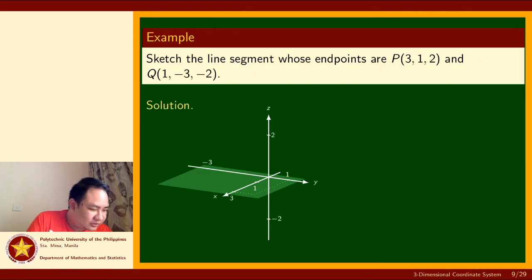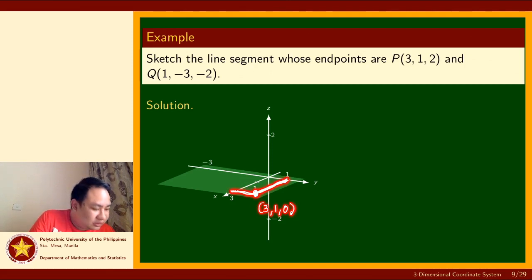To sketch or locate the point P, we first look at the x and y coordinates, which are 3, 1. In the xy plane, we locate the point 3, 1 as shown. In fact, this point is 3, 1, 0 because the z-coordinate in this plane is 0.